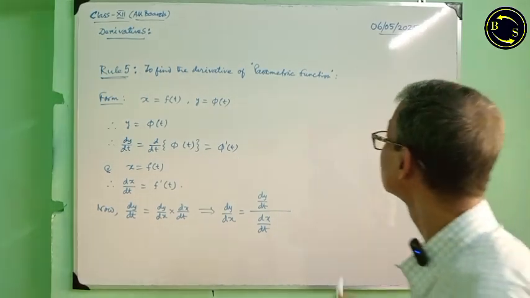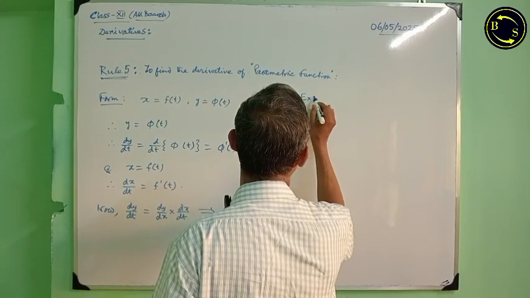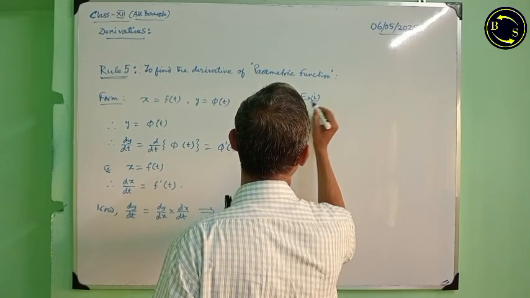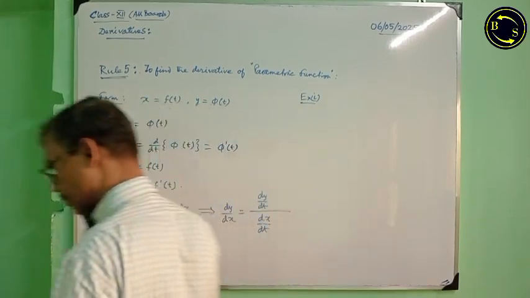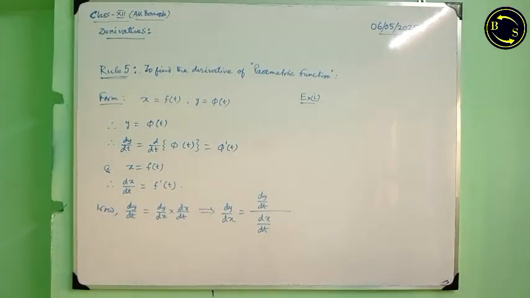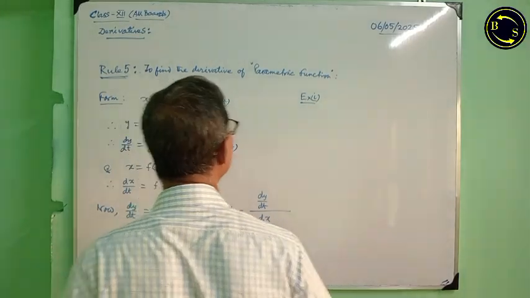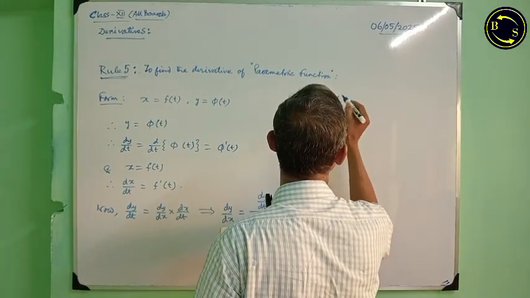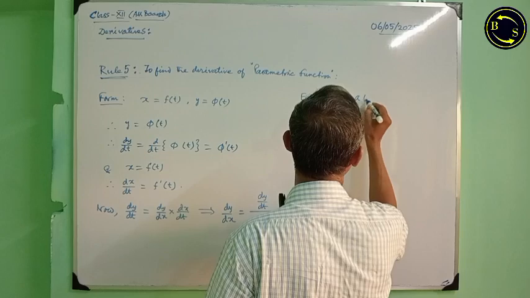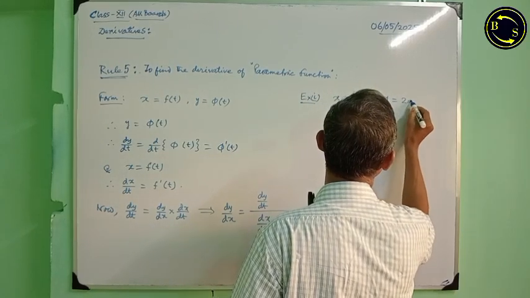Now, let us take example. x is equal to at square, y is equal to 2at.